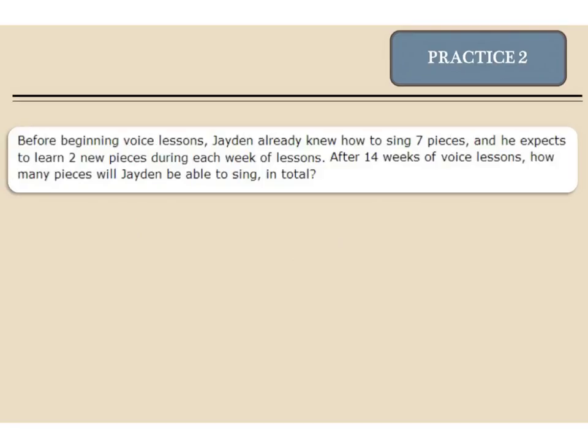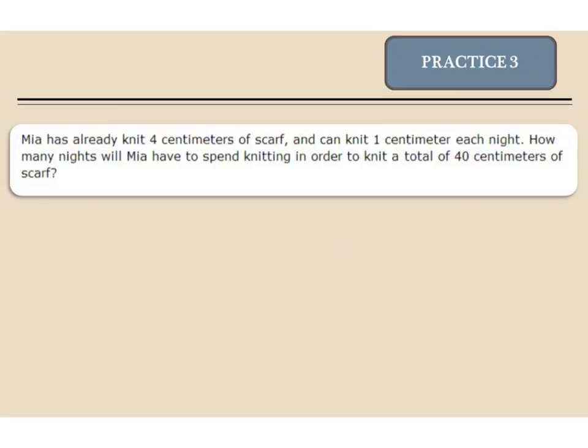Practice problem 2. Before beginning voice lessons, Jaden already knows how to sing 7 pieces. And he expects to learn 2 new pieces during each week of lessons. After 14 weeks of voice lessons, how many pieces will Jaden be able to sing in total? Practice 3.